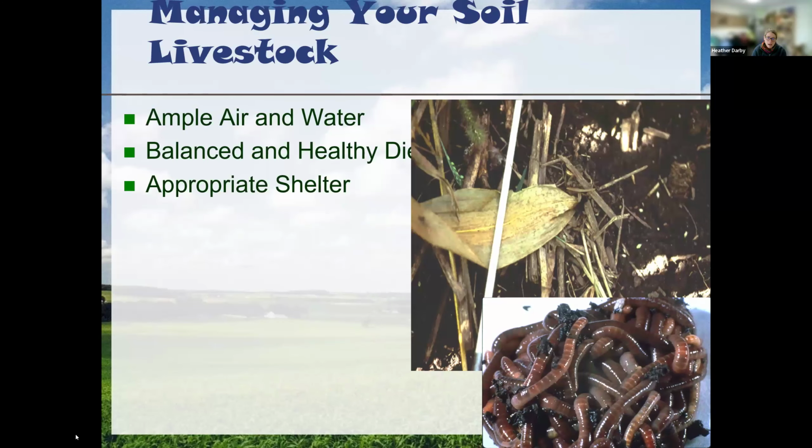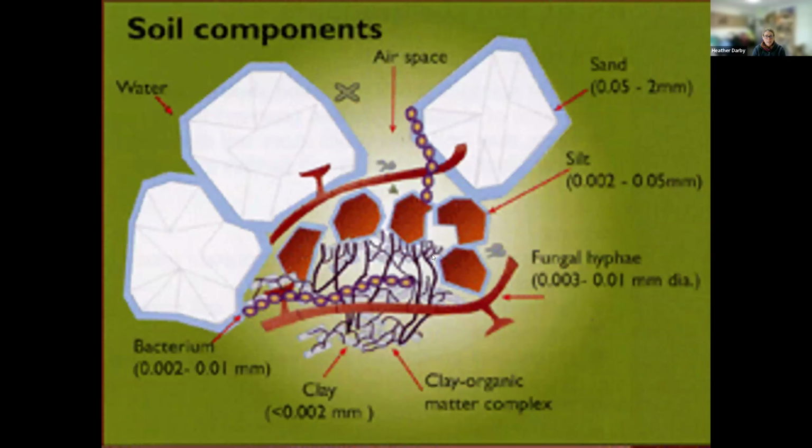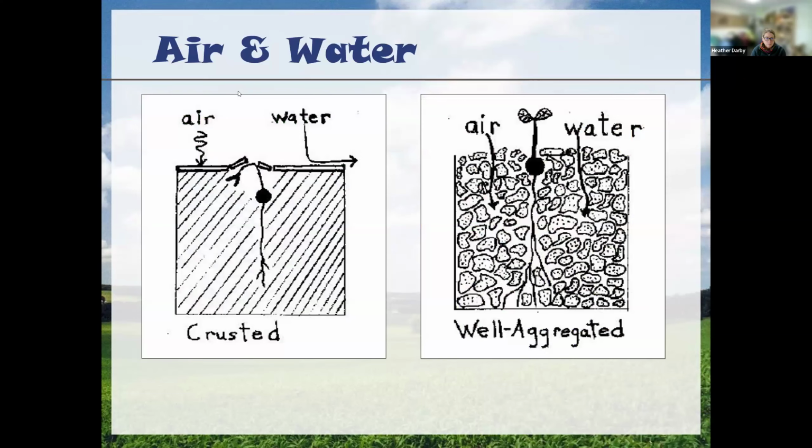Okay, so again, all of this process you can see is driven by biology. We want to make sure we're taking care of the biology so that that is an efficient process. And also, you're optimizing it for your farm. So again, we're looking for air space, water space, and plenty of room for the microbes to live and grow, and break down that organic matter.